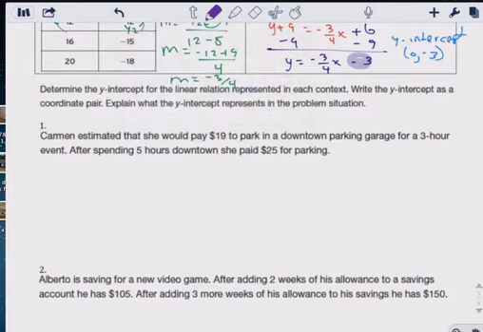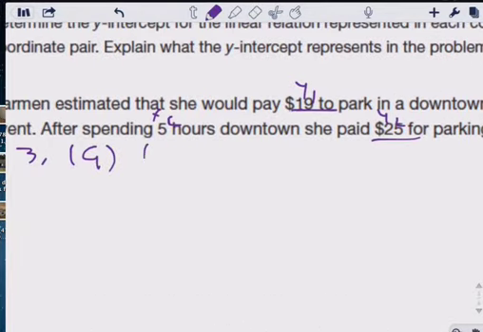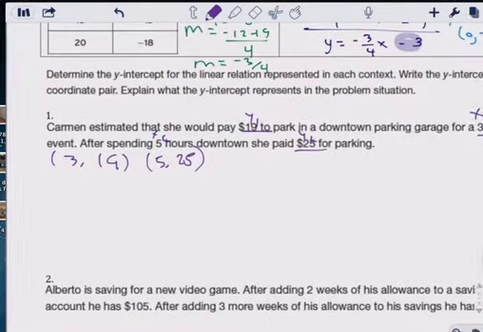Carmen estimated she'll pay $19, that's Y1, at the parking garage for 3 hours, that's X1. So you got 19. After spending 5 hours, that's X2, 25 is Y2, X2, that's 5.